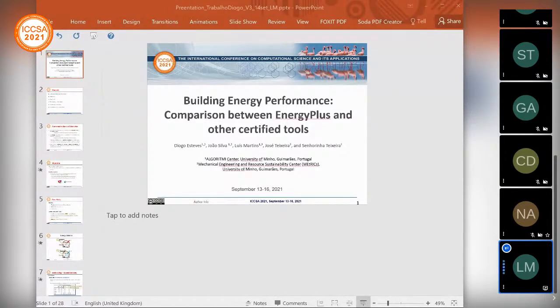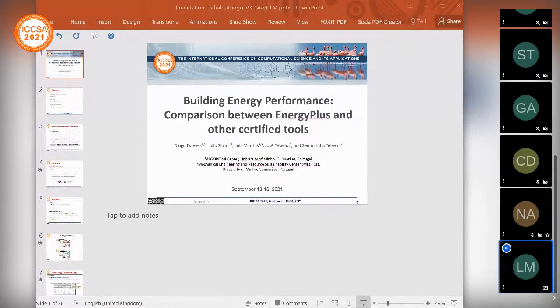Any simulation of a building goes through an energy balance for winter and usually for summer. In winter, usually the overall balance of the building is more losses than gains. So we have to provide a heating system to maintain a temperature which is usually 18 degrees Celsius or 20 degrees Celsius, depending on the building and the country.